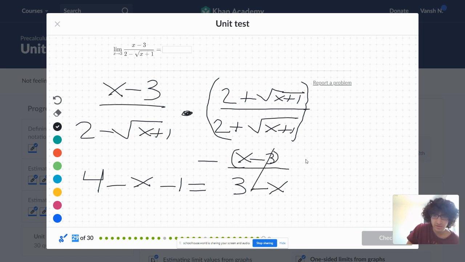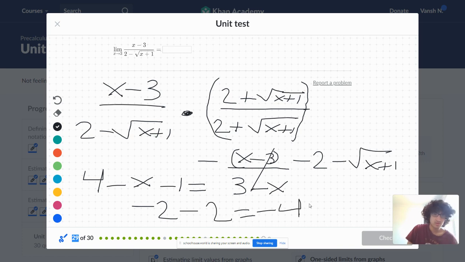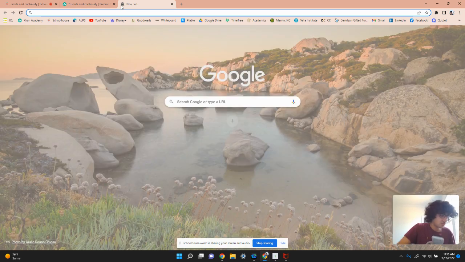So then -1 times this, so minus 2 minus root x plus 1. You plug in 3, 3 plus 1 is 4, root 4 is 2, so minus 2 minus 2 equals -4. Let me also check this.